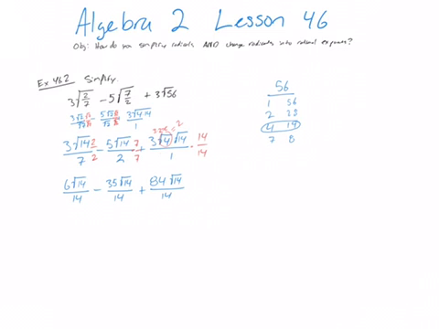If you're wondering how I got that 84, I did 6 times 14, because right there's my 6 and right there's times 14. Okay, now I can just add these all together because I have the denominators all the same. So I'm going to say 6 minus 35 plus 84 to get 55 square roots of 14 over 14.